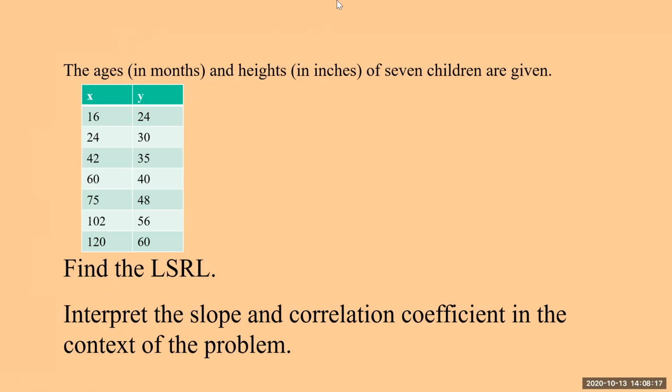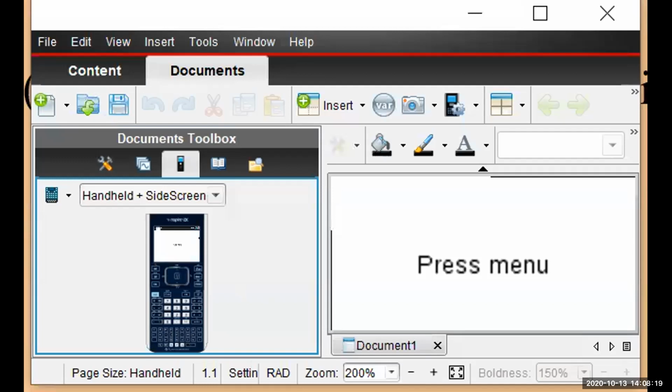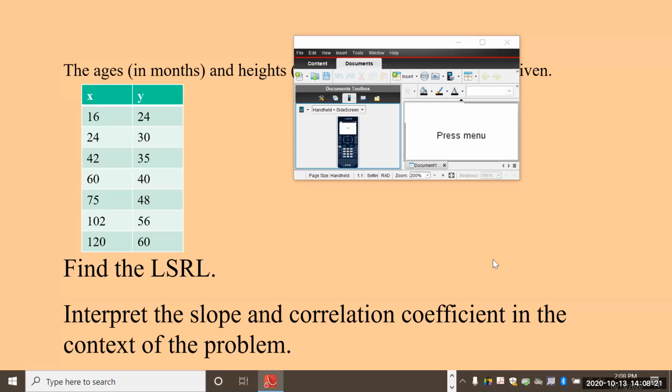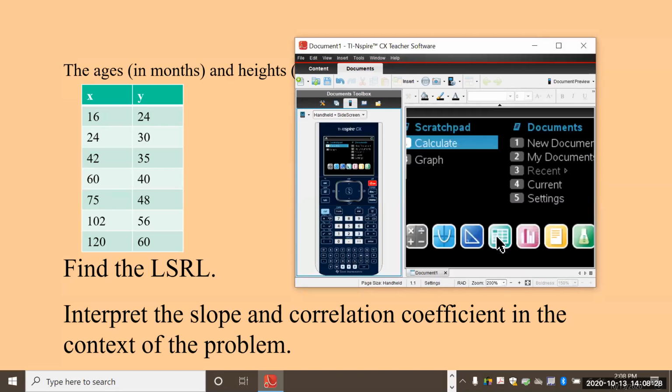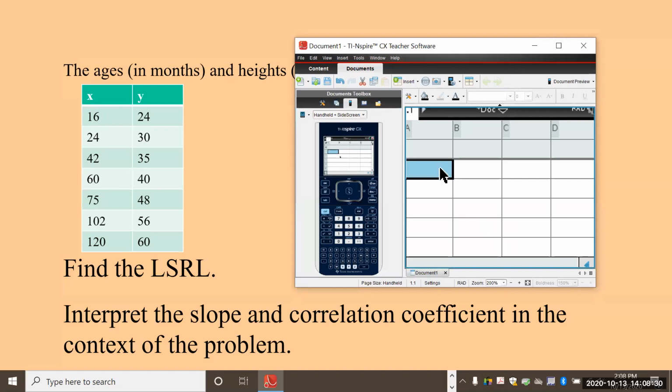So let me pull up the calculator. Okay, anytime we need to input data, click the home button. We're going to go to list and spreadsheets, which is the Excel looking thing. Very first thing you do is you label your column. So here we have age and we have height.